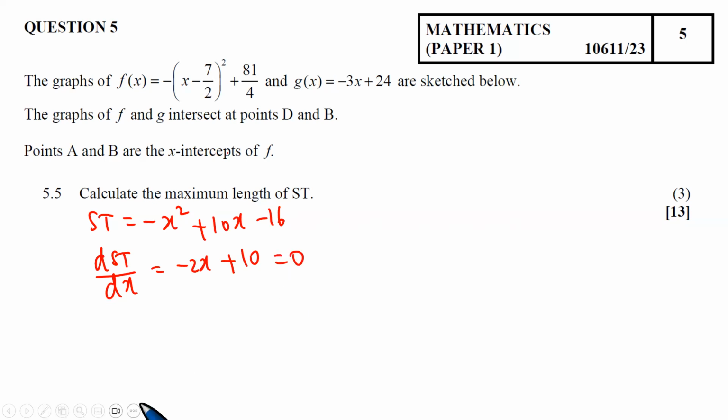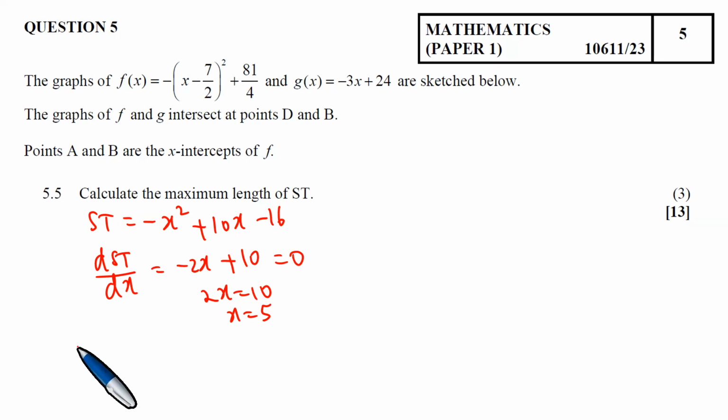This is the derivative: you bring down the 2, you subtract 1 from the power, and the derivative of x is 1. From which we see that 2x is equal to 10, which means x is 5.